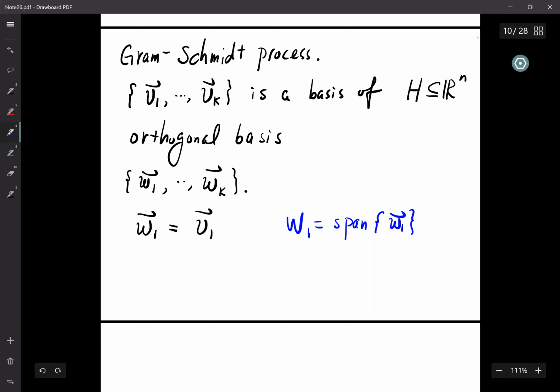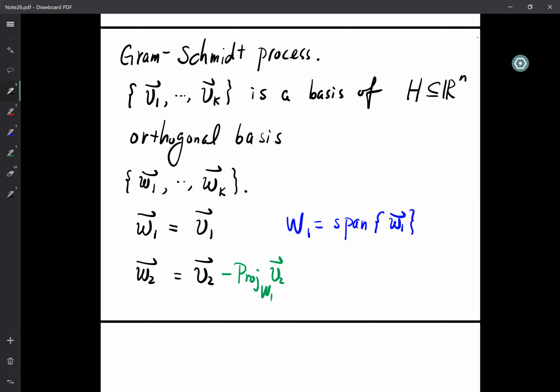Now for W2, I take V2 minus the projection of itself on W1. I get rid of the contribution from the subspace I've already defined. And then by definition W2 is orthogonal to W1, or W2 belongs to W1 perp.